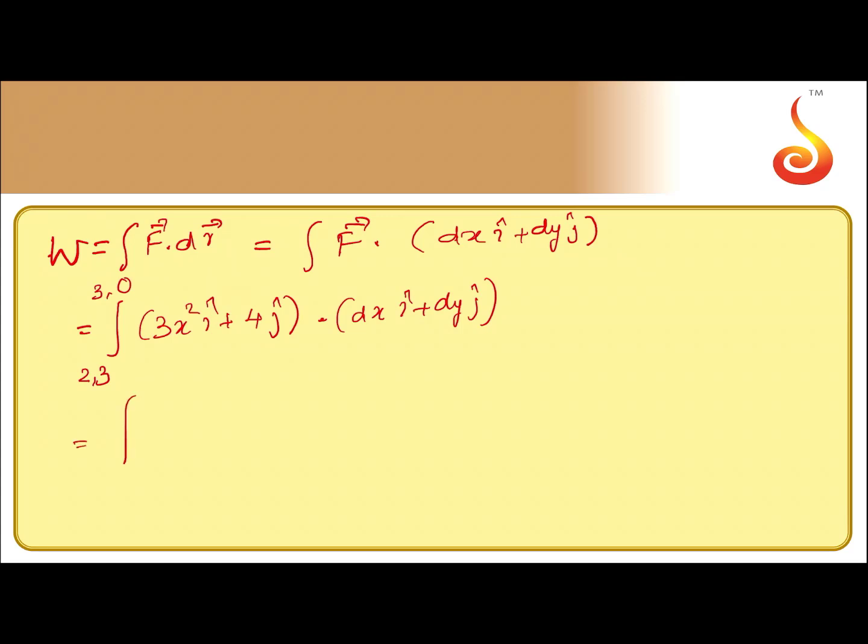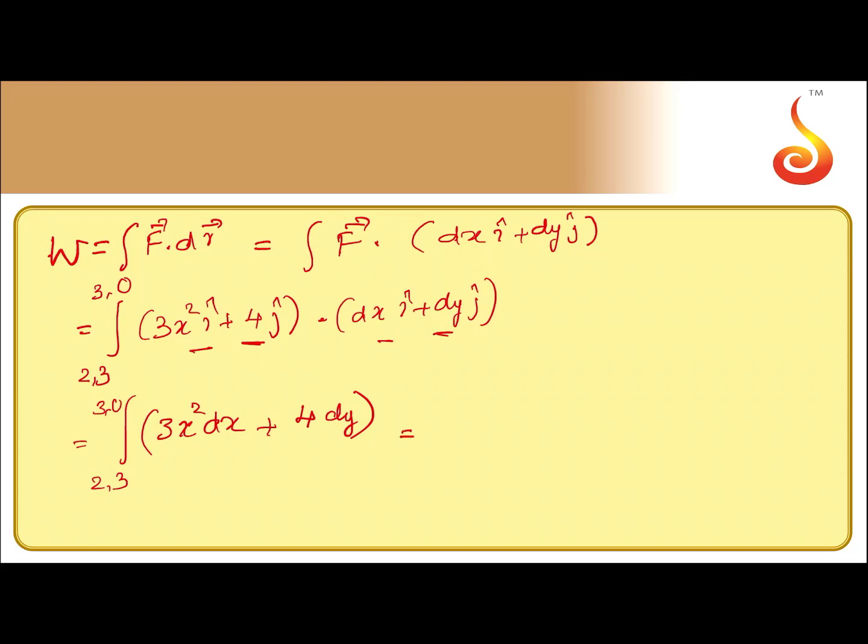Let's simplify it further. Integral, and you know that i dot i. What is the value of i dot i? i dot i is cos 0. Cos 0 is 1. So this is 3x square dx plus 4 dy, and this is from 2, 3 to 3, 0.